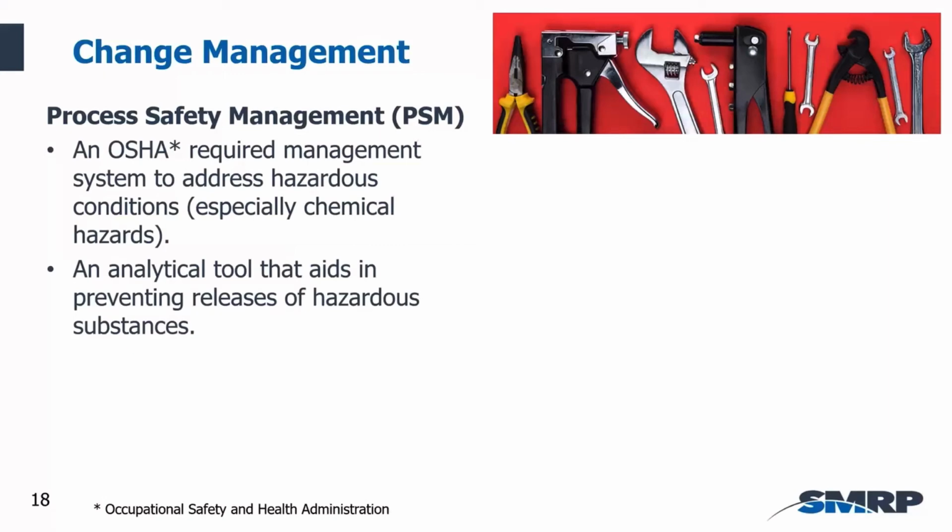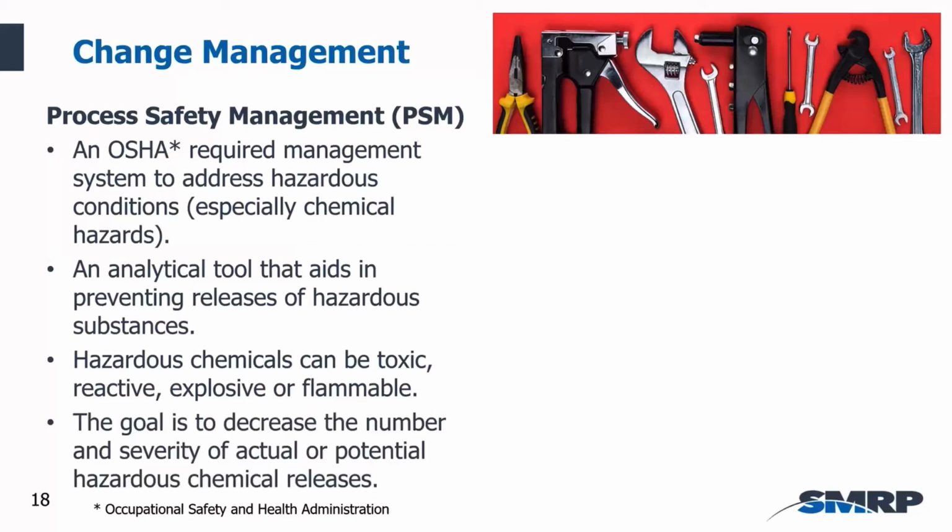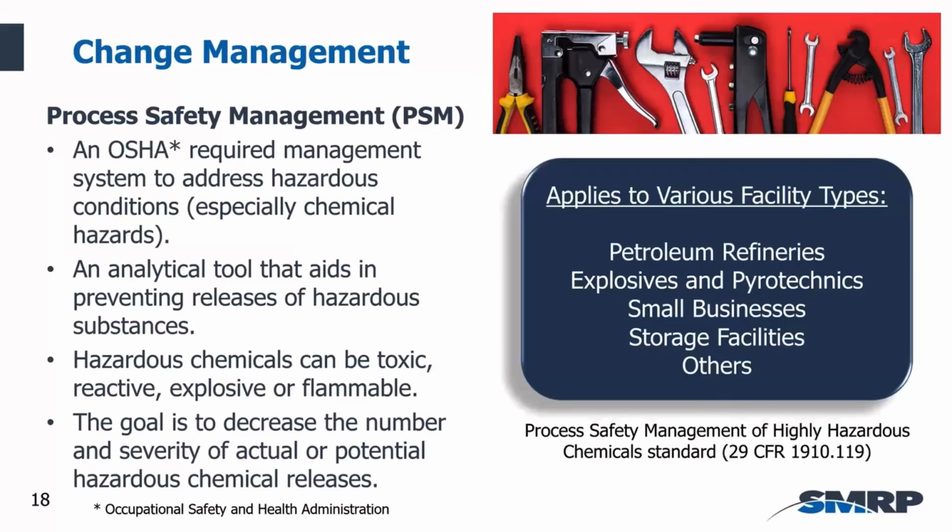This provides an analytical tool that aids in preventing releases of hazardous substances. Hazardous chemicals can be toxic, reactive, explosive, or flammable. And the goal is to decrease the number and severity of actual or potential hazardous chemical releases.